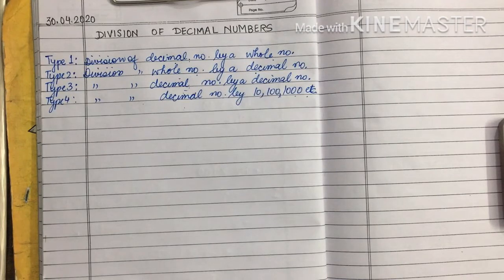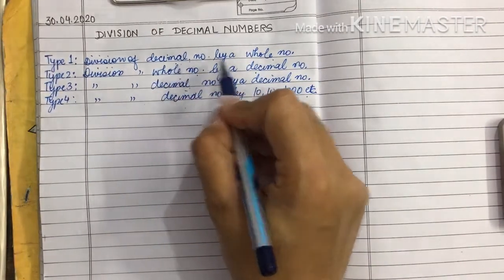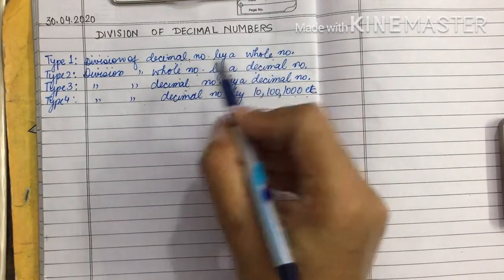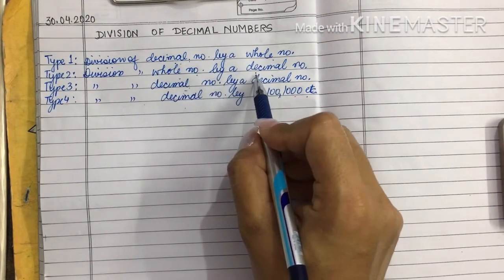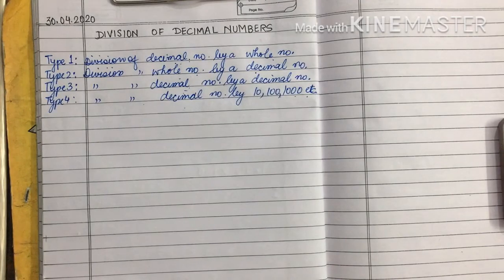So in division, if we change the order, the answer changes because division is not commutative. So division by whole number will be done in a different way. Division of whole number by a decimal number will be done in a different way.